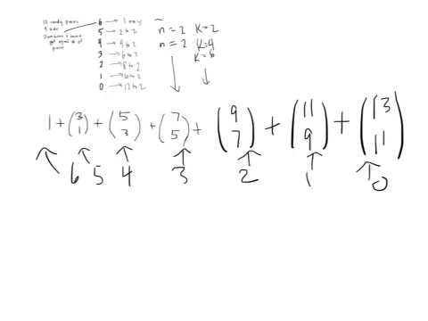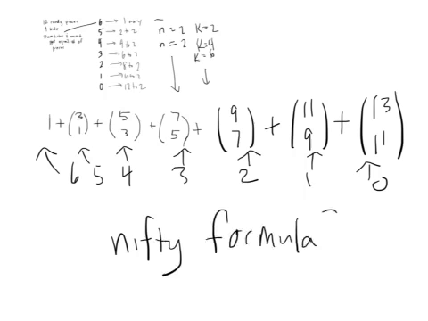Figure out a nifty formula, or in general a nifty way to add up this sequence of chooses where each choice is going up by 2. Okay. Does that make sense? Yes. Okay, good. Because I don't know if the way I said it actually makes sense.